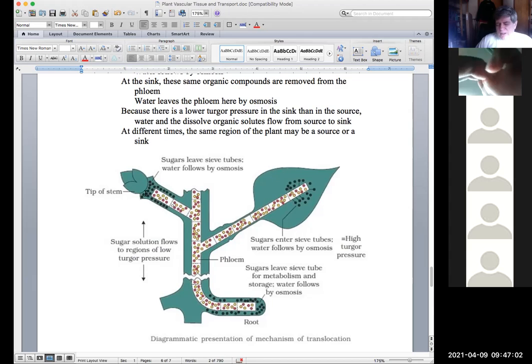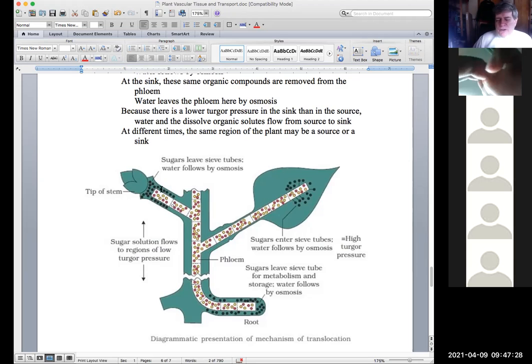This growing tip of the stem or this root is a sink. This is where sucrose is being removed from the phloem. Well, notice when sucrose is removed from the phloem here, and usually the sucrose has to be removed by active transport, but sometimes it can happen through facilitated diffusion or just regular diffusion.